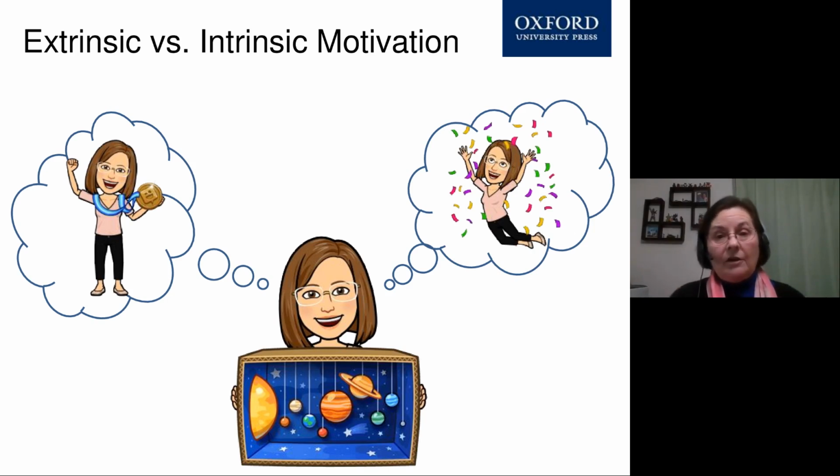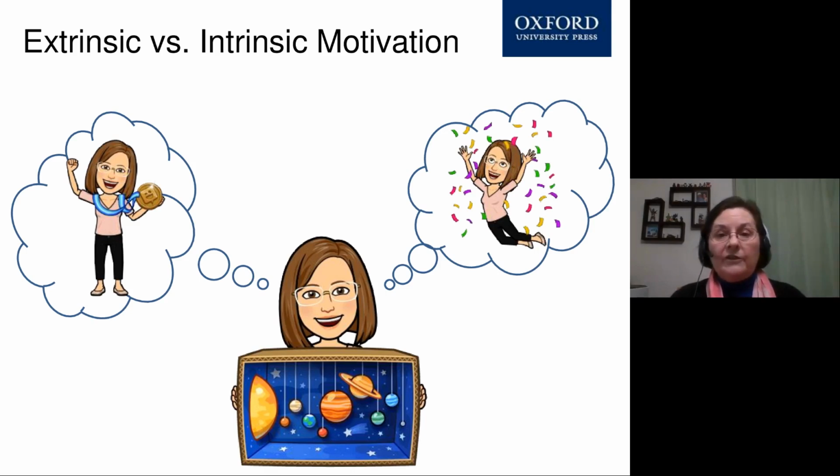Maslow's hierarchy is one, and we already looked at that. Now we're looking at extrinsic and intrinsic. So what is the difference between those two types of motivation? Outside and inside, okay. Intrinsic comes from the inside, extrinsic is from the outside, right?